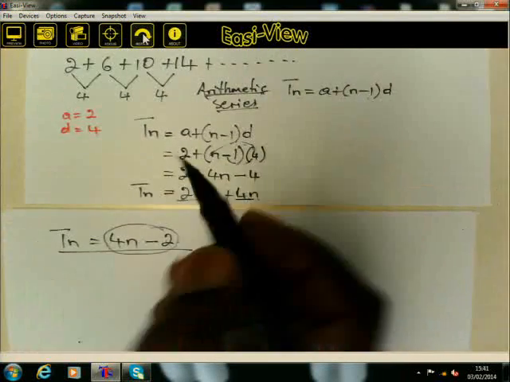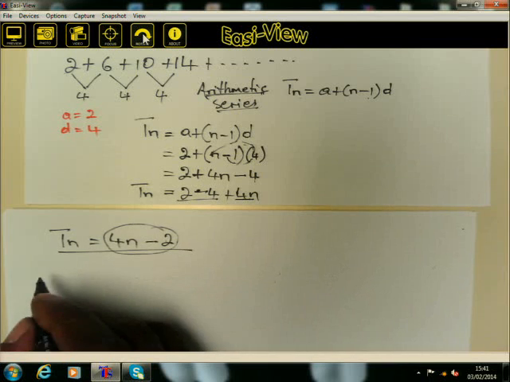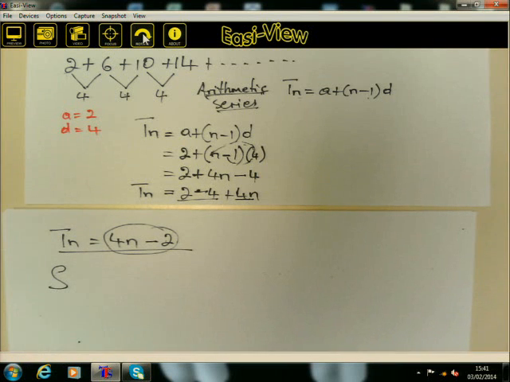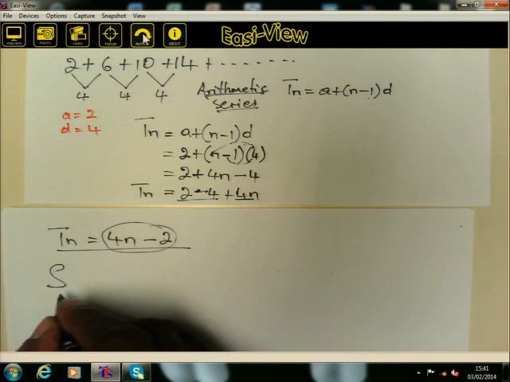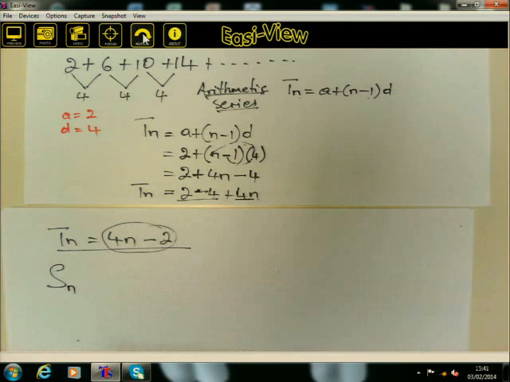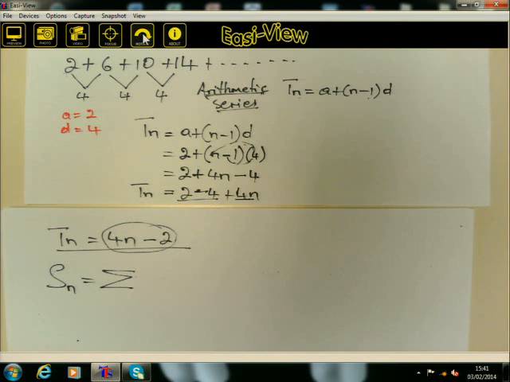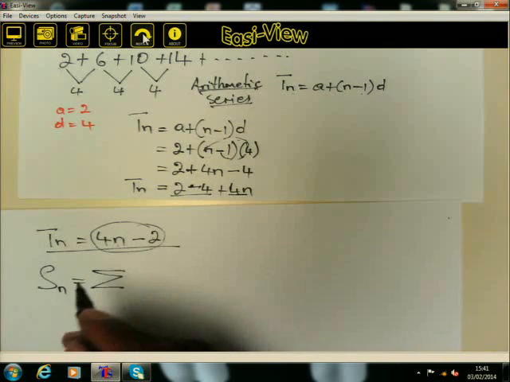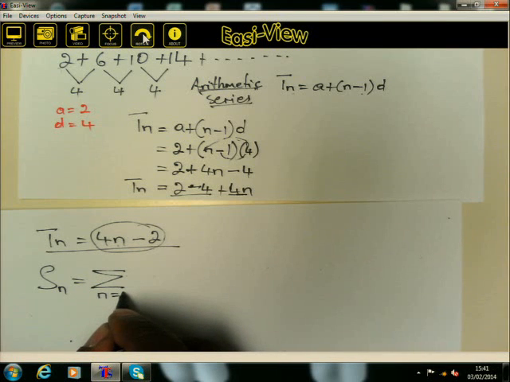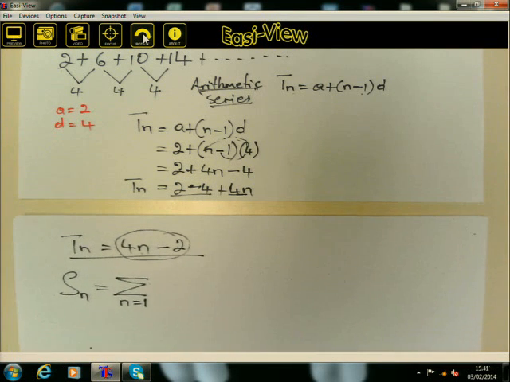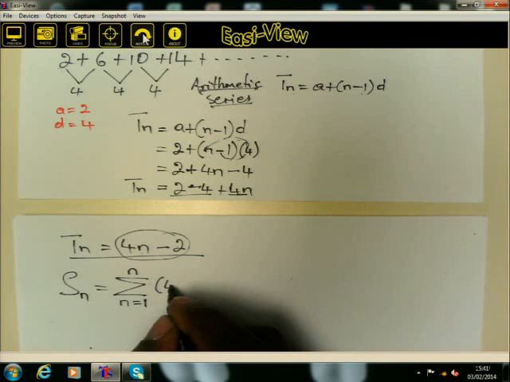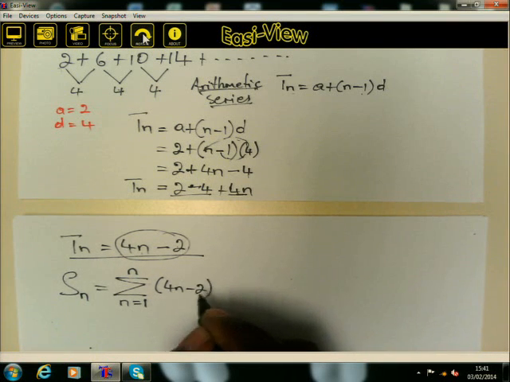But now we want to get the sum of that. The sum, for an example, of n terms in this one can be given by the sigma notation, where now this n starts from 1 up to n for the general term 4n minus 2.